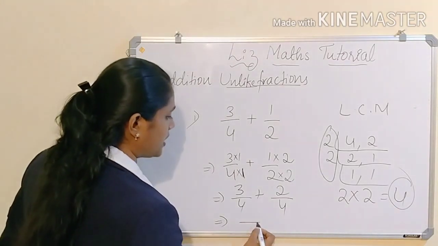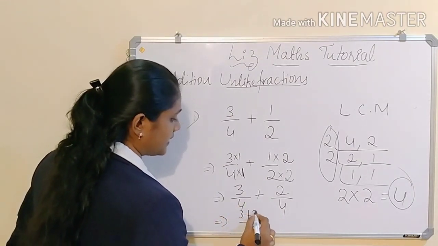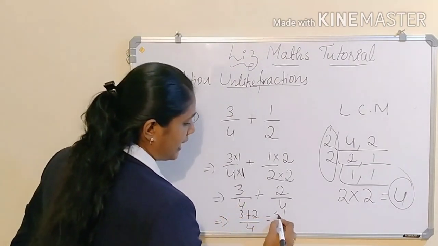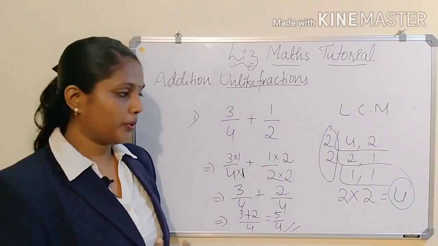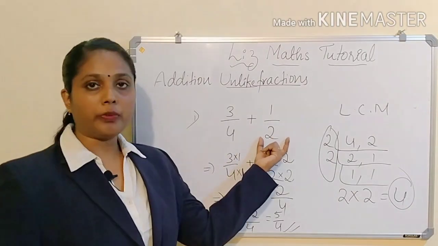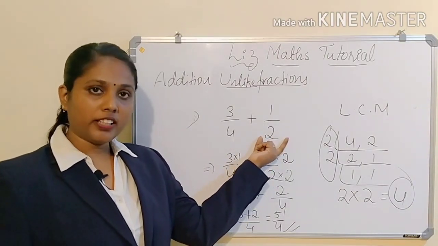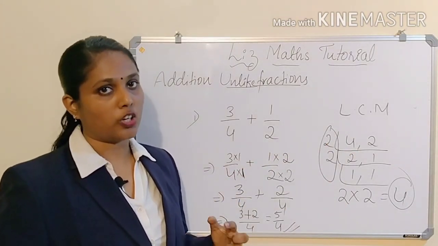So what is the common denominator of these two? 4. So 3 plus 2 gives you what? 5 by 4 as an answer. Hope you understood. Here, what you have to do is make the denominator common with the help of the LCM division method. Hope you understood.